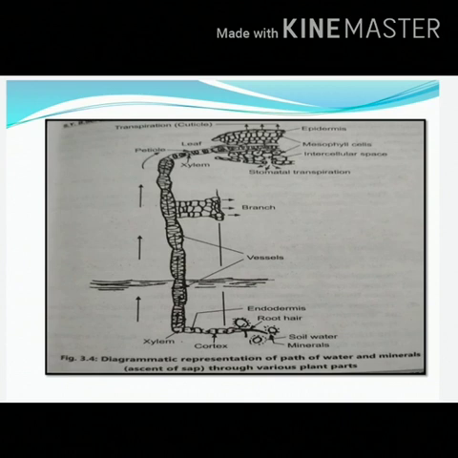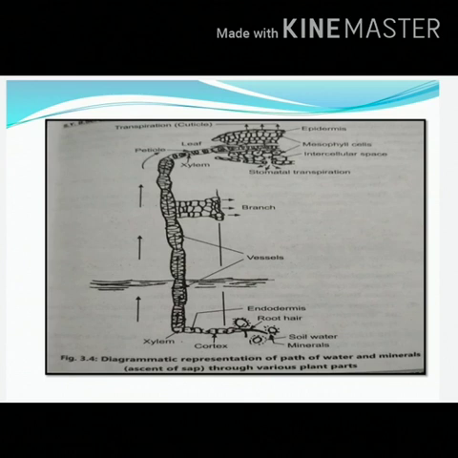Look at the diagram where from the xylem strand water is uplifted up to the petiole, from petiole of leaf it comes into the leaf, and in the leaf the sap is circulated all over the leaf, to each and every cell inside the leaf with the help of veins, and veins are nothing but the small xylem strands.